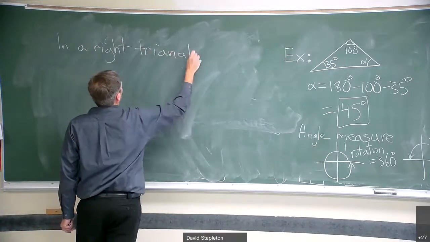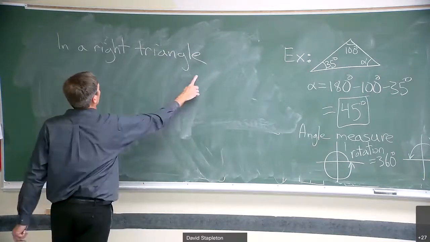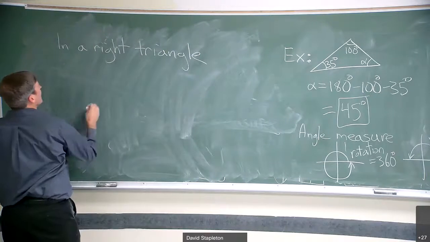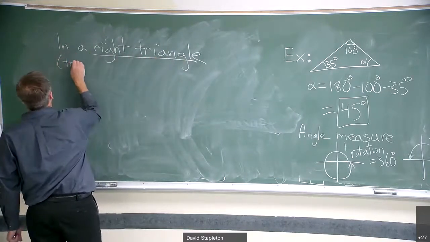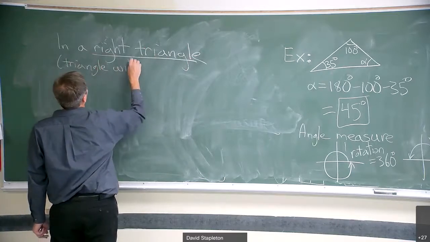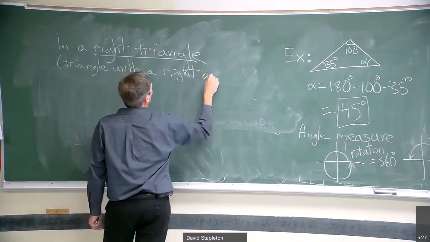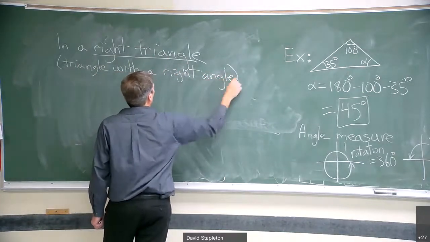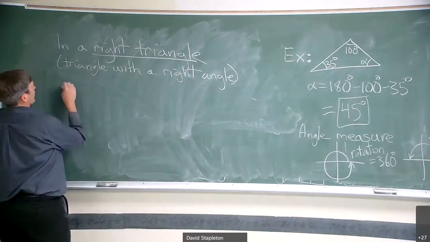There's never more than one right angle, because if you have two of them, they add up to 180 degrees already. There's no degrees left for the last angle. The other two angles are then acute. They're less than 90 degrees.